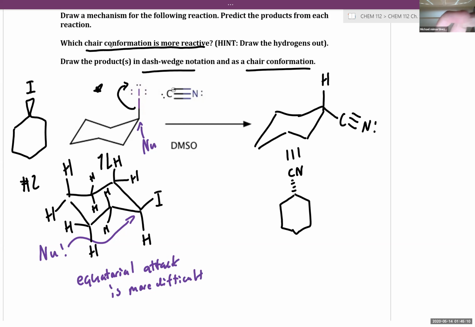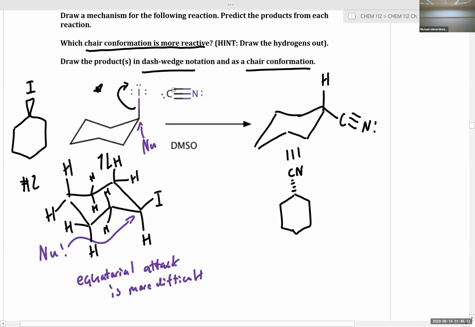Because geometrically, to attack the backside, to attack our sigma star, we'd have to bump into 3 axial hydrogens in our approach. Does this make sense to everyone so far? Does this idea make sense? So we're looking at the geometry of our SN2 reaction.